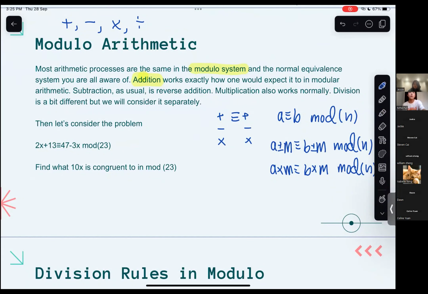But let's consider the problem we have below, right? Okay, I'll give everyone, again, 2 minutes to have a think about it. How could we use arithmetic processes like we would in normal algebra to find what 10x is congruent to in mod 23?